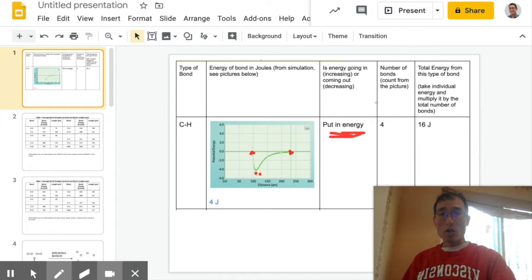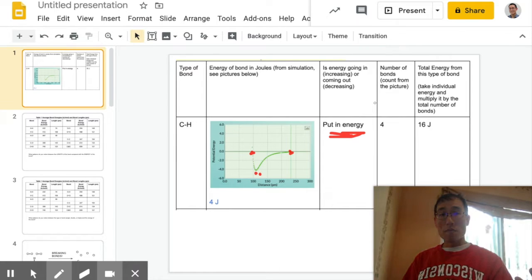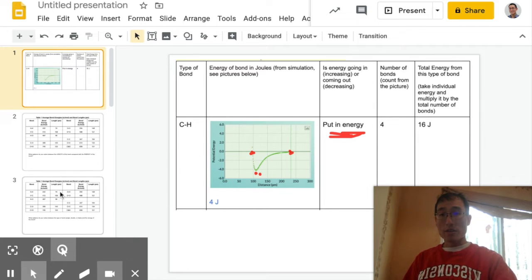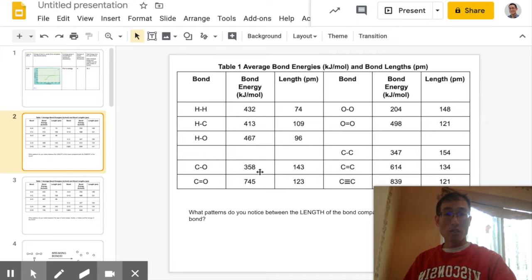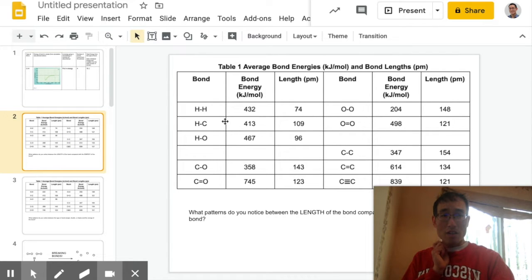It turns out that scientists did a lot of research, and they figured out how much energy different bonds take to break. And this is a table that they have. If I look at this table, the first thing is there are numbers on here, and they're a lot higher than the things that we saw on that simulation.